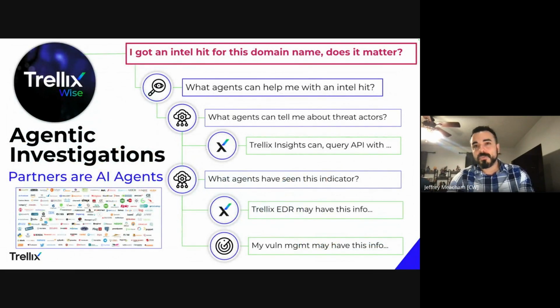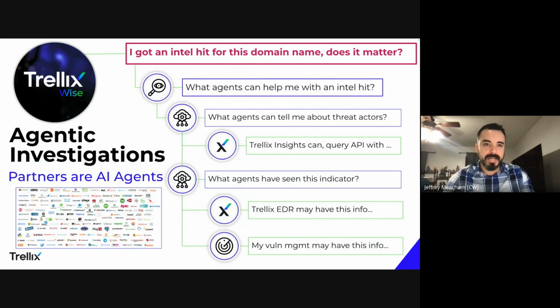So Trellix Wise is doing the investigations in a collaborative manner, not with just people though, but even with additional AI agents. So let's say an analyst gets an intel hit on a domain. The question isn't just, okay, what does it mean? It's who or what has seen this, and what should I do next?